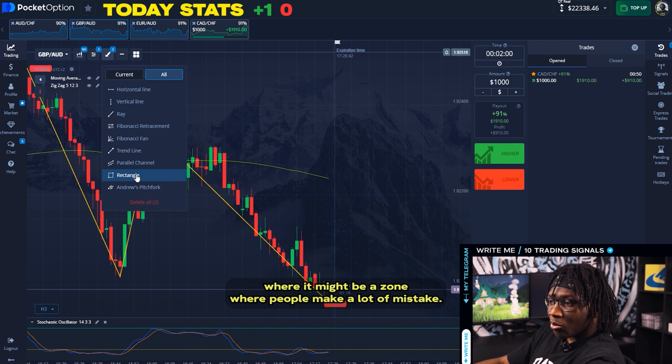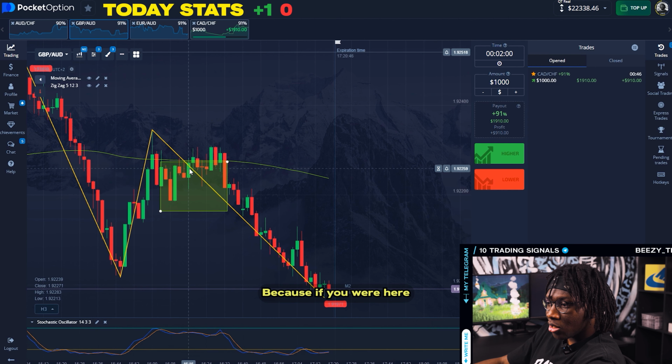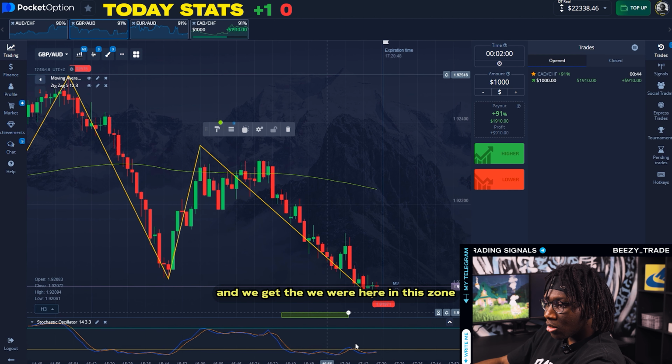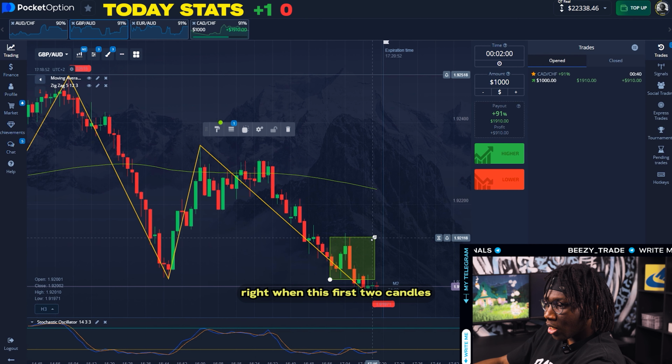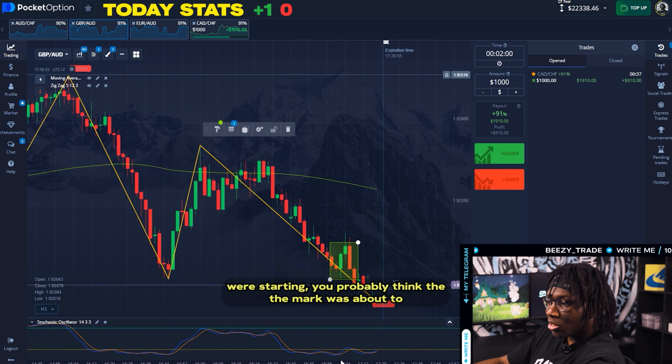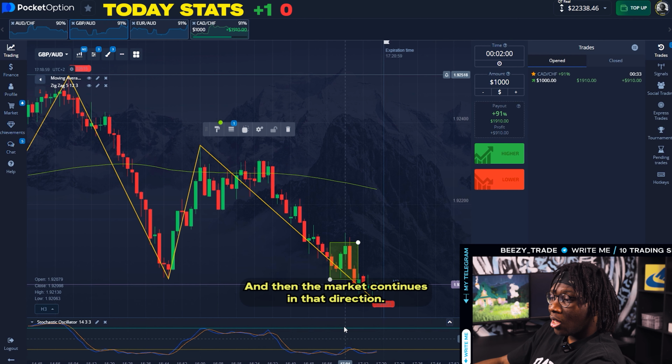But you can see this zone right here, where people might make a lot of mistakes. Because if you were here in this zone, right when these first two candles were starting, you probably think that the market is about to pull upwards, right? And then the market continues in that direction.